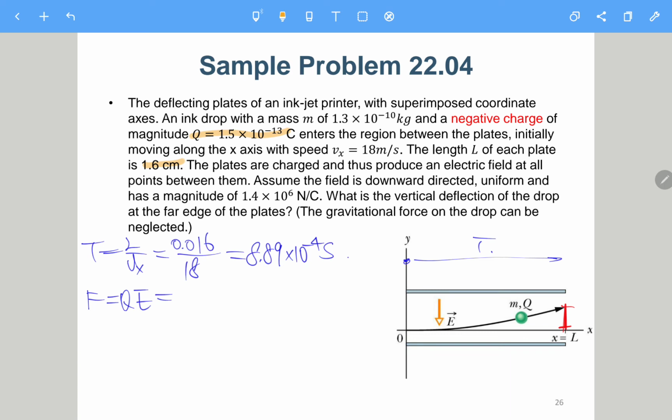And the E field is this one. So we have 1.5 times 10 to negative 13 times 1.4 times 10 to the 6th power, which is 2.1 times 10 to negative 7 Newton.